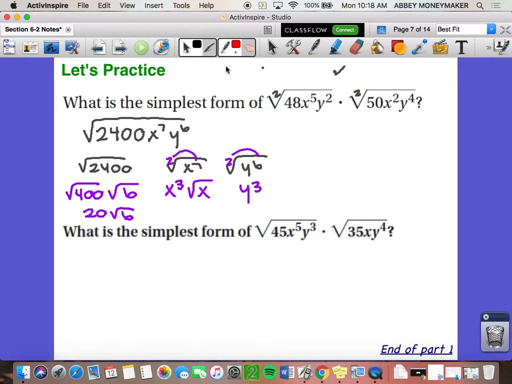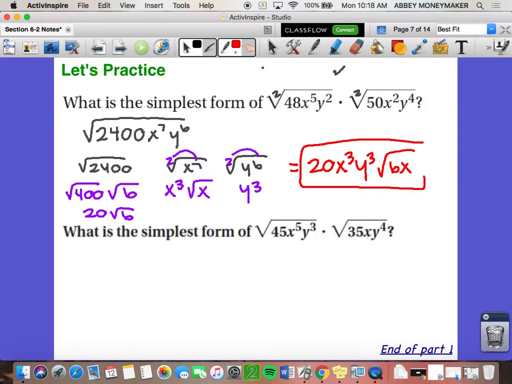So we would say our final answer here would be 20x cubed y cubed times the square root of 6x. The key to success here, guys, is knowing your perfect square factors.